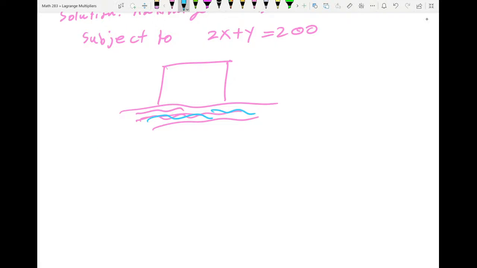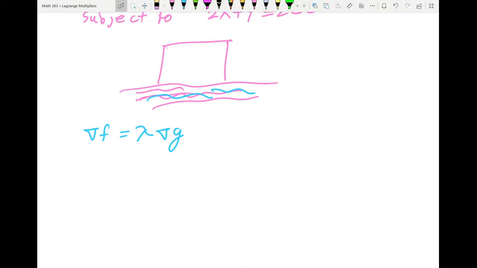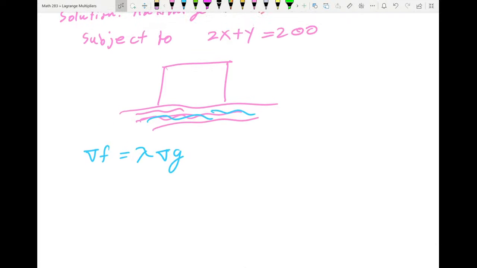All right, so let's look at it. So the gradient vector in this case is what? Yeah, three-sided fence. This is a river.